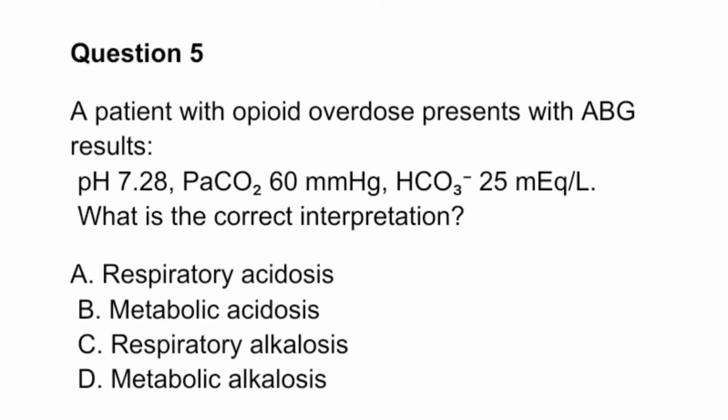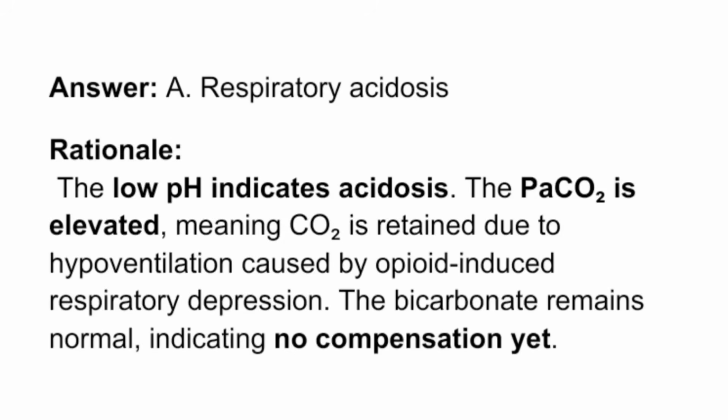D. Metabolic alkalosis. Answer: A. Respiratory acidosis. Rationale: the low pH indicates acidosis. The PaCO2 is elevated, meaning CO2 is retained due to hypoventilation caused by opioid-induced respiratory depression. The bicarbonate remains normal, indicating no compensation yet.